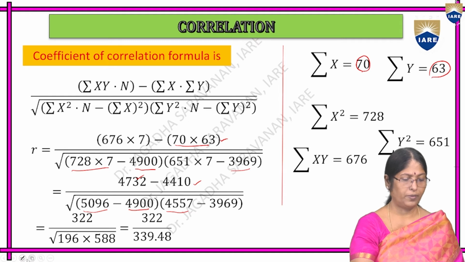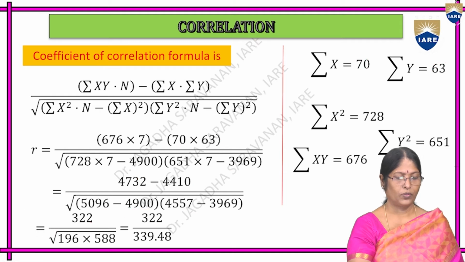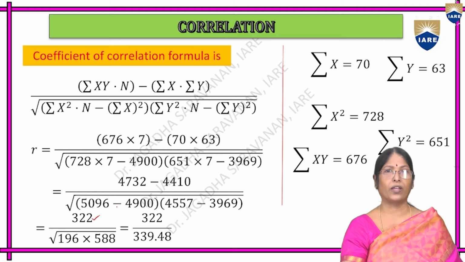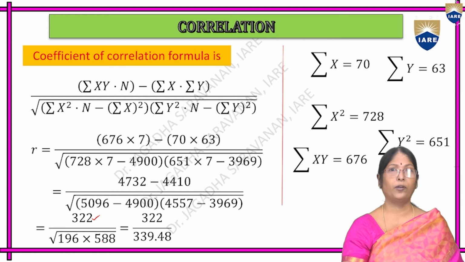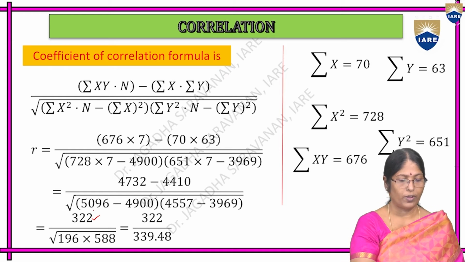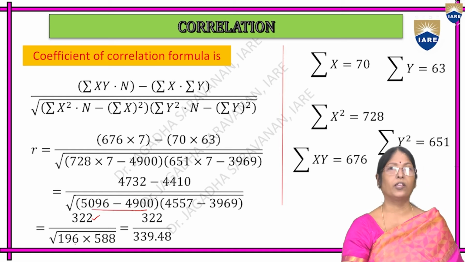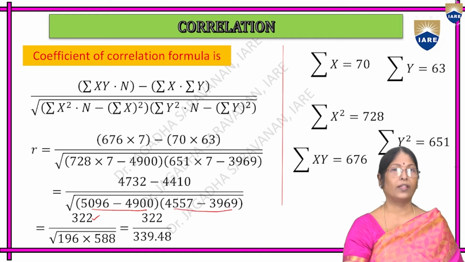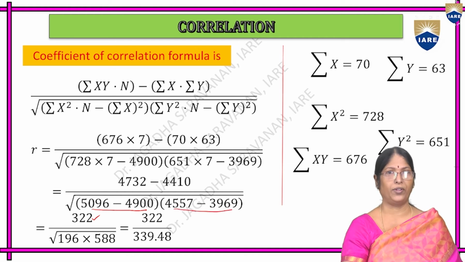Here we can see it. So the numerator is 322, divided by square root of, this value is nothing but 196, and this value is nothing but 588.